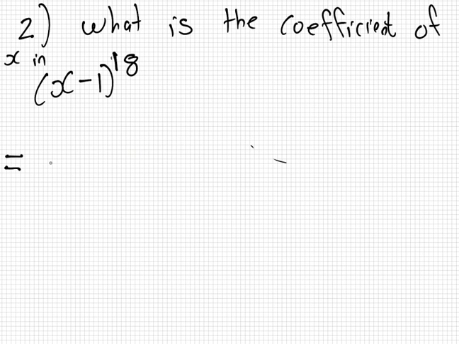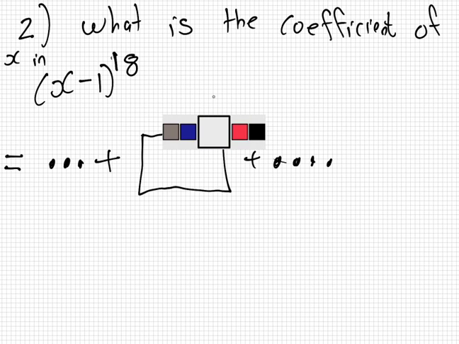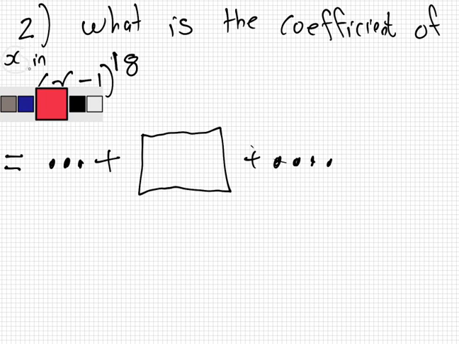So the idea is this. We imagine we expand it. So we have many, many terms plus the term we want plus many more terms. And I only care about the term that has x power 1 in it. I don't care about the x squared, I don't care about x cubed, I just care about x.